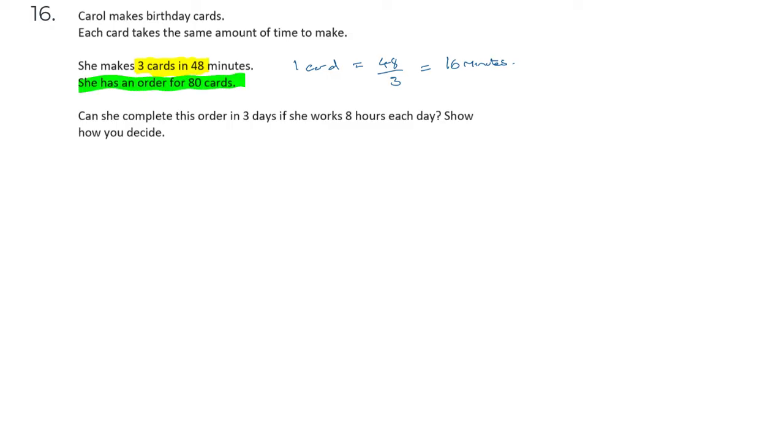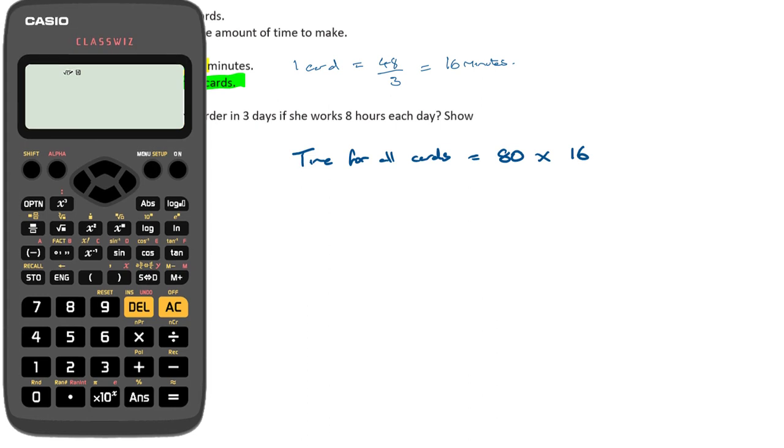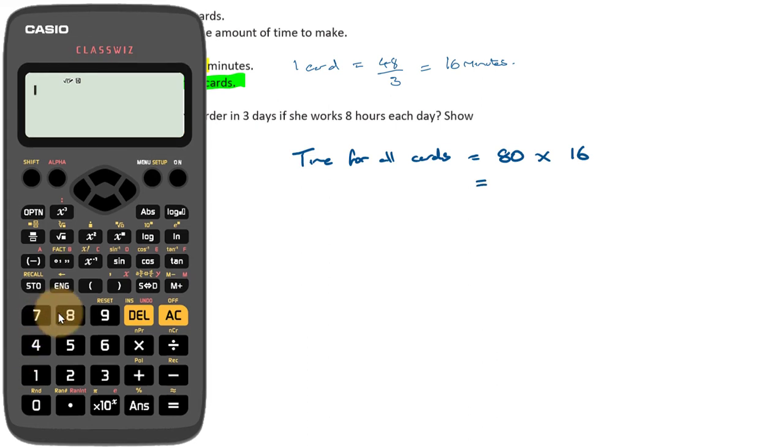So the time for all cards is going to be her 80 cards multiplied by the 16 minutes it takes to make 1 card, isn't it? Now, according to my calculator, 80 times 16, that's 1,280 minutes.